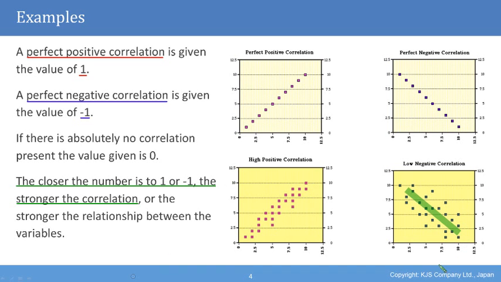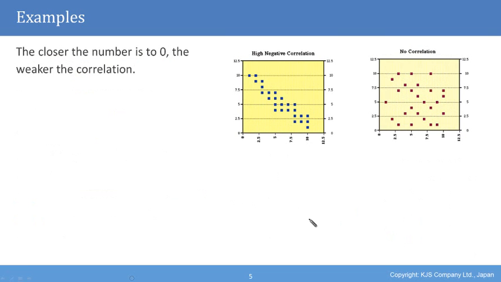But there is no particular line that the points seem to be coherent to. And so that is known as a low negative correlation, where the points are not necessarily all on the same straight line, but you can just about see that there is some kind of correlation. The closer the number is to 0, the weaker the correlation.